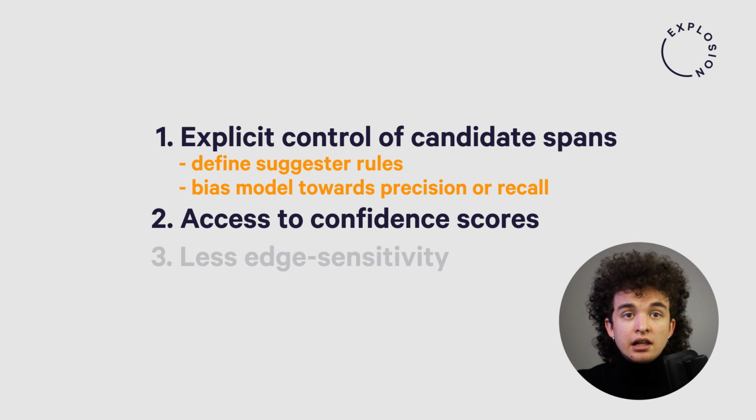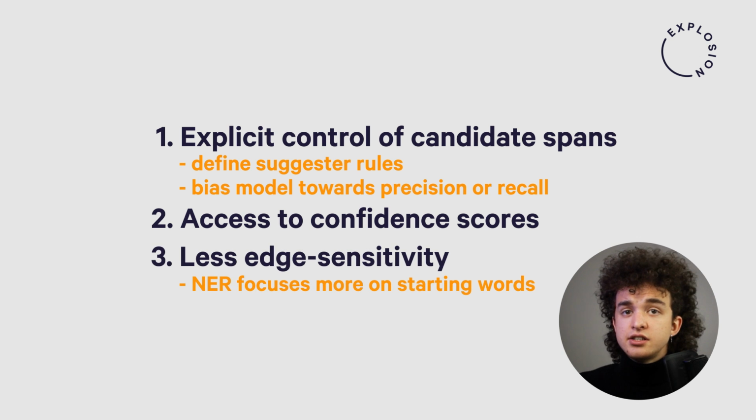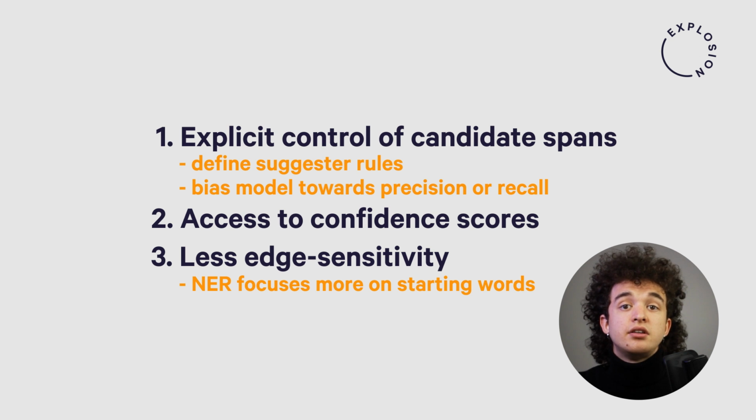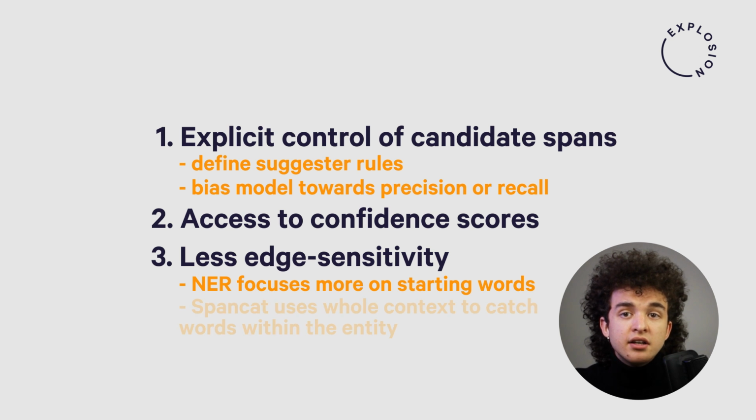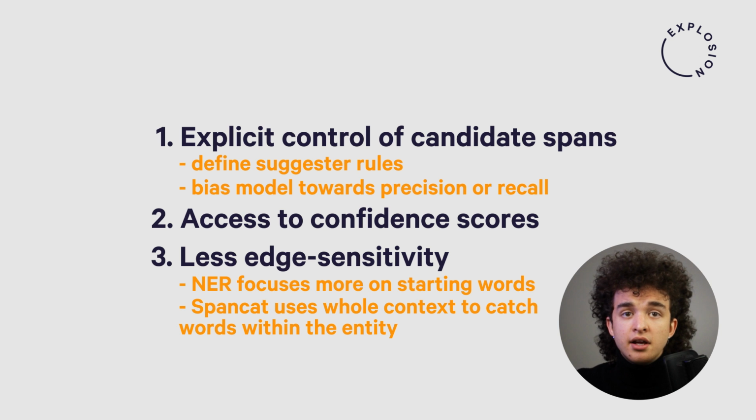At last, less edge sensitivity. NER models may find it easier to learn tasks where the most informative word is near the start of the entity, whereas spancat uses the full context of the span to catch informative words that are deep within the entity.